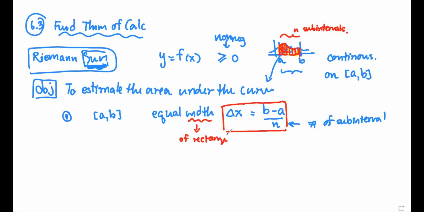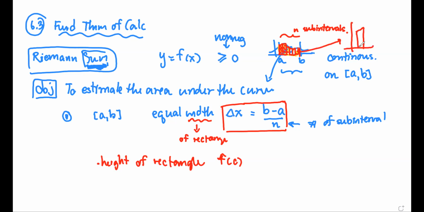Okay, and then we choose the value to find the height of the bar, the height of the rectangle, which is going to be the function value at the point C. If you look at this as one bar, you have many of them, right?